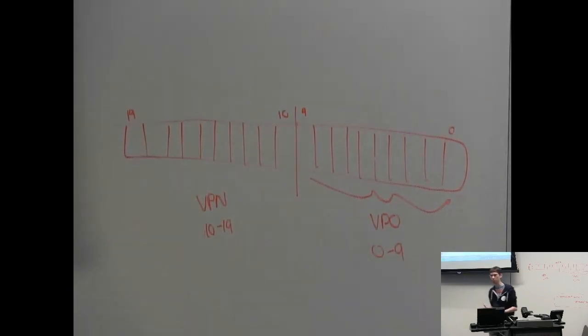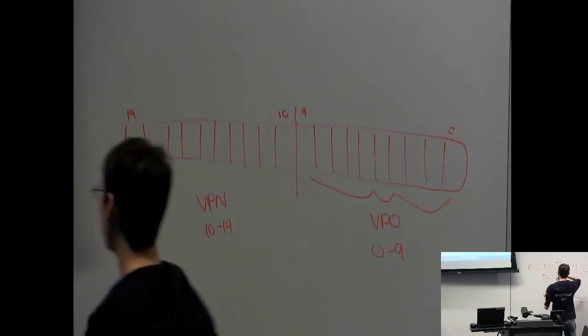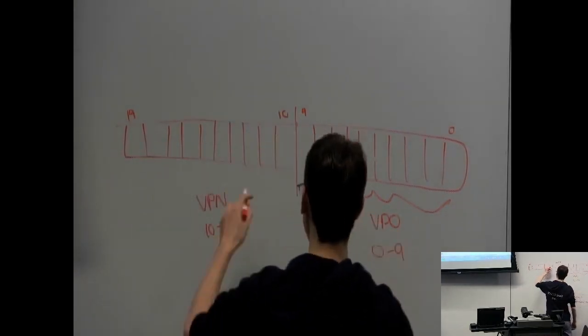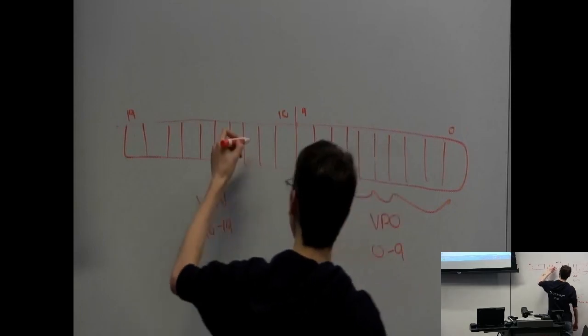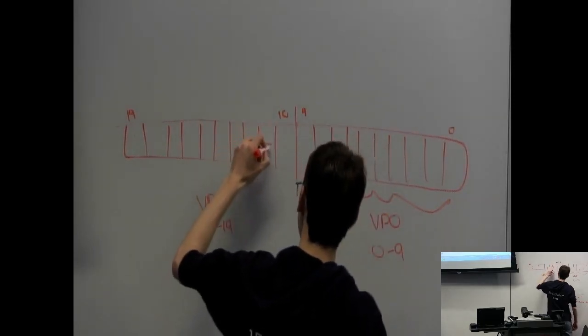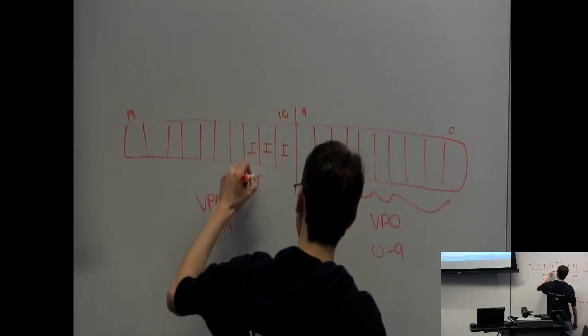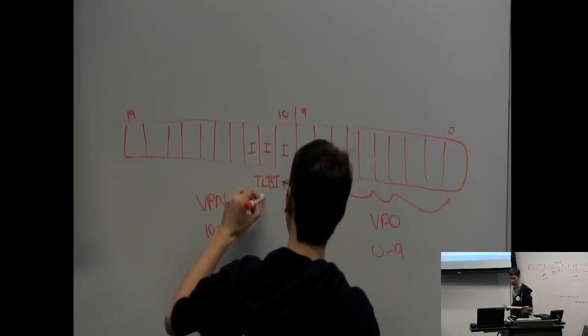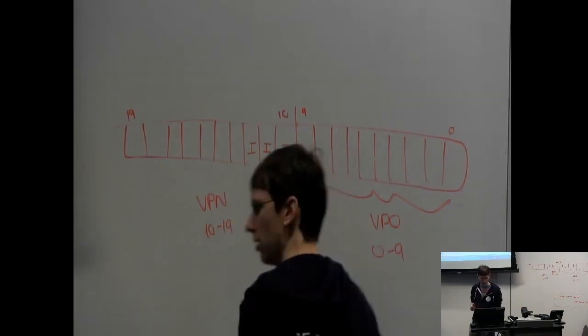So we need to be able to address 8 sets, so that gives us 3 bits being used for the index. These 3 are the TLB index bits. That's 10 through 12.